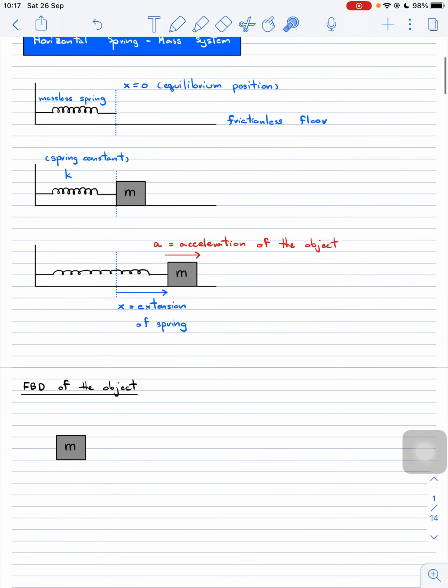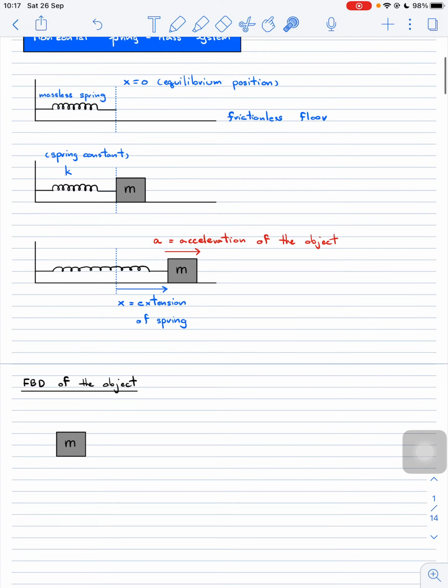Now if we connect this end of the spring to a block M, with a mass equal to M, and the block is placed on a frictionless floor, so we don't have any friction, and the spring constant is equal to k as usual.